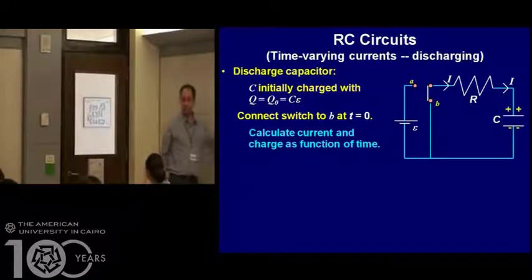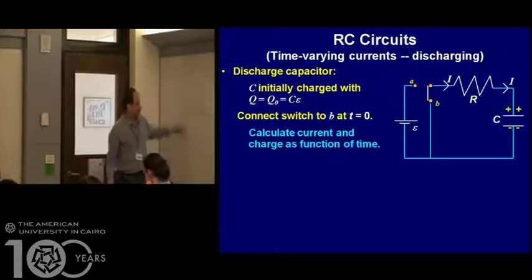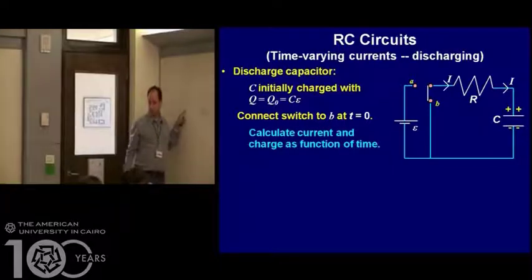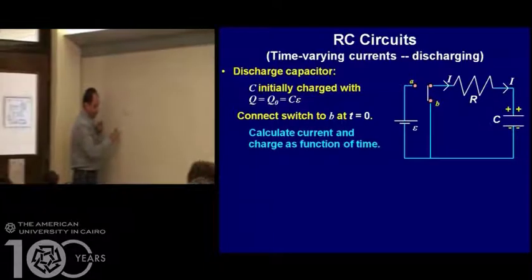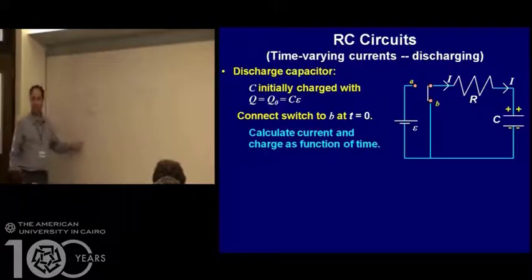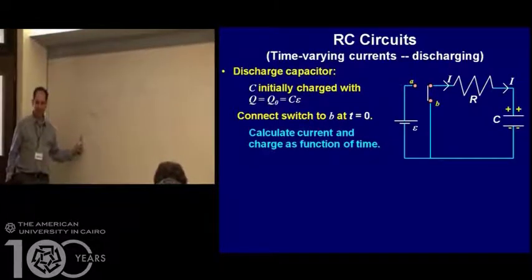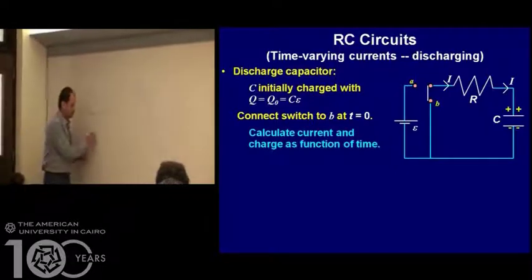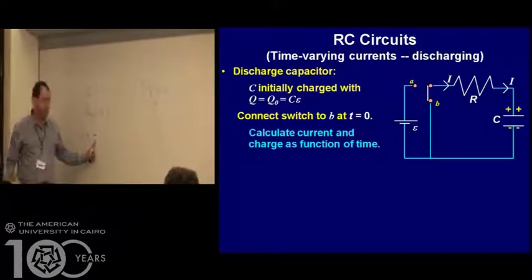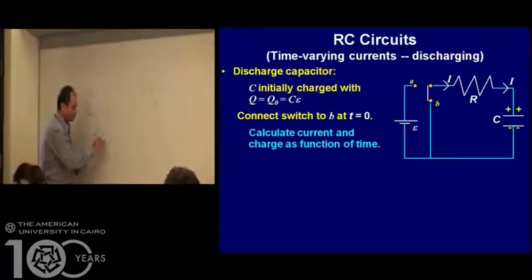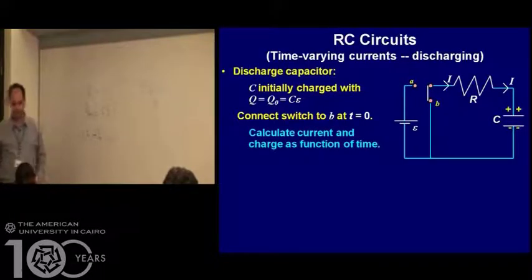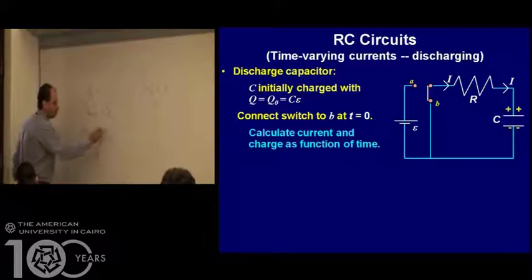So the sum of the potential across the loop is equal to zero, so the potential drop across the resistor, that's why I put a negative sign here, minus the potential drop across the capacitor, equal to zero. This is Kirchhoff's voltage law for that loop.